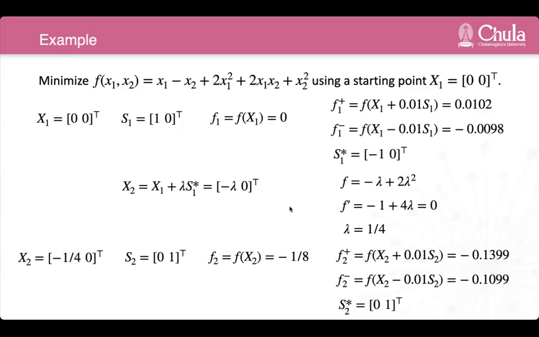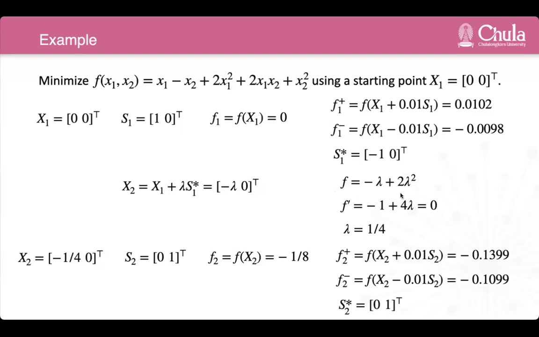So we can write the objective function as a function of the step size, lambda. So f becomes minus lambda plus 2 lambda square. You get an idea? And this is the reason I told you earlier that in our whole algorithm, we transform the original objective function, which is a function of multiple decision variables, into an objective function of one variable.